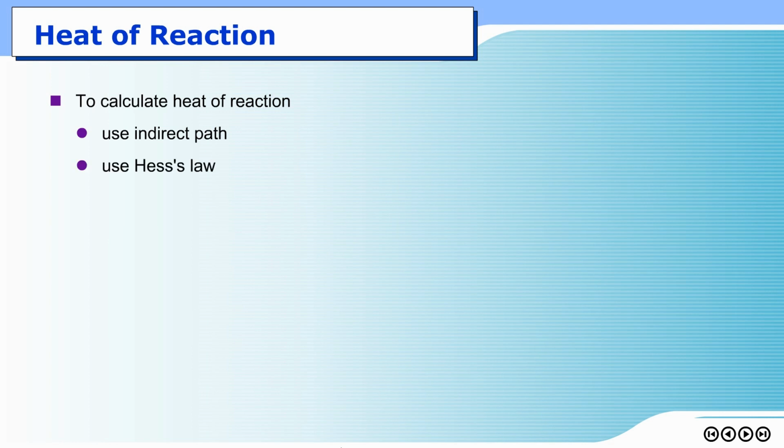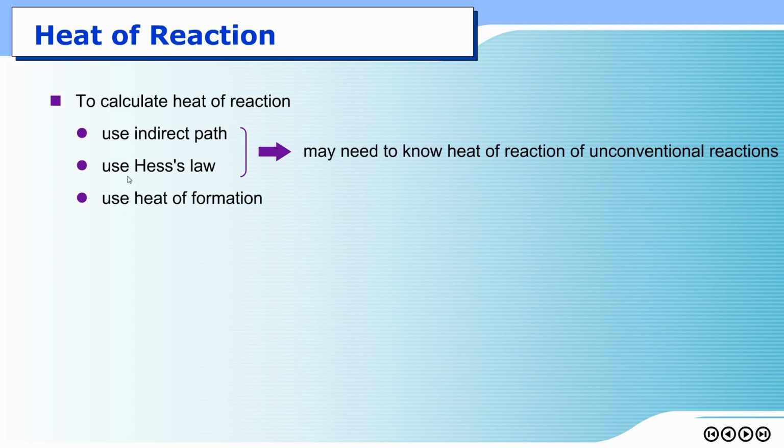We can use Hess law to combine small steps together to get the reaction that we want. And then we can also use standard heat of formation. These two, especially Hess law, are sometimes inconvenient simply because the heat of reaction for each step used in Hess law must be known.